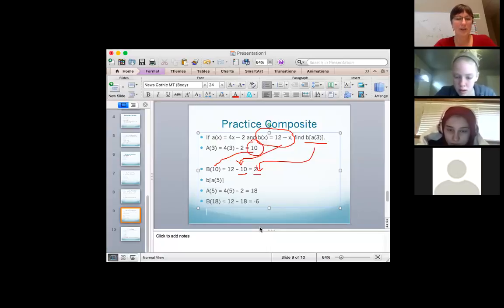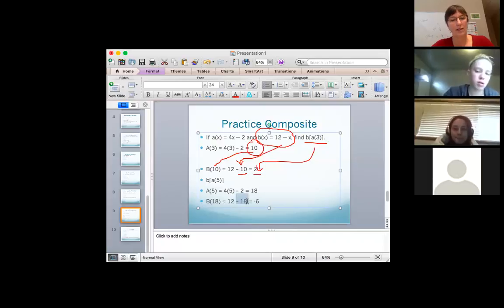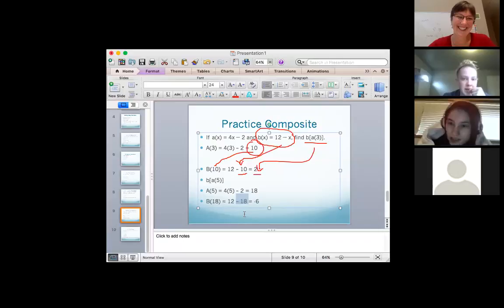So you substitute it in for the value of x, and you get 12 minus 18, which is equal to negative 6. These are tricky. Now I get it.